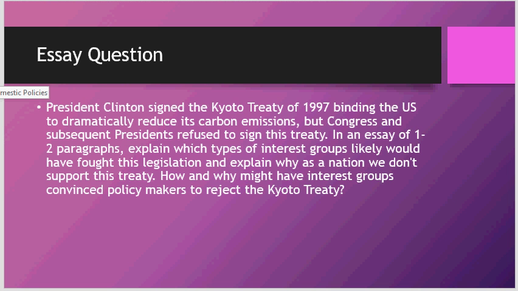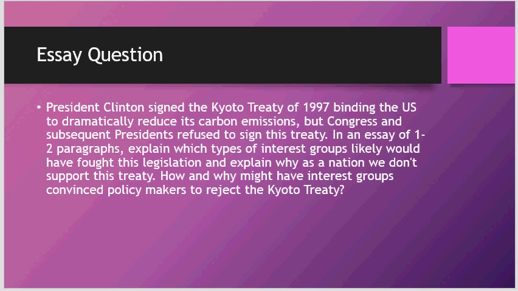And then the next essay question: President Clinton signed the Kyoto Treaty of 1997, binding the U.S. to dramatically reduce its carbon emissions, but Congress and subsequent presidents refused to sign this treaty. In an essay of 1 to 2 paragraphs, explain which types of interest groups likely would have fought this legislation, and explain why as a nation we don't support this treaty.